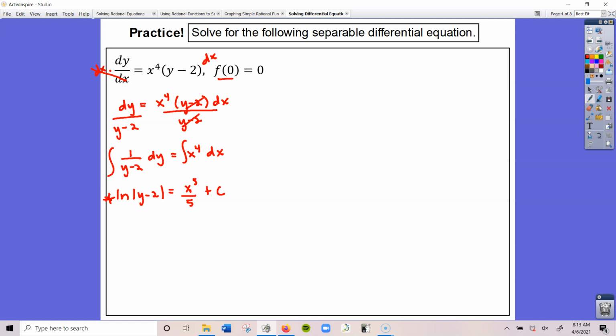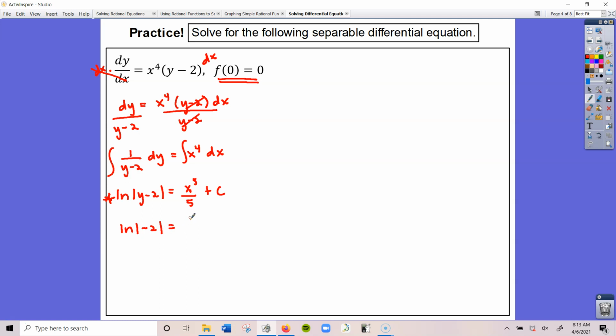Let's go ahead and plug in this initial condition. So f of 0 is equal to 0. That means that the ln of 0 minus 2, or negative 2, and remember, whenever we integrate and we get ln, we put this in absolute value, because as I've mentioned before, ln is only defined for positive numbers, not negative numbers. So that way this absolute value takes care of that negative.